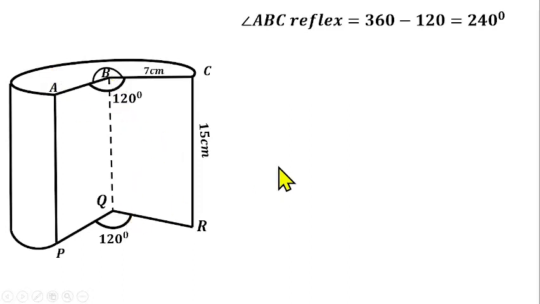Of course, we know that the volume of a solid is the cross-sectional area of the solid multiplied by the height. So technically, to find the volume of this structure, we need to find the area of the cross-section, which is this sector, multiplied by the height.